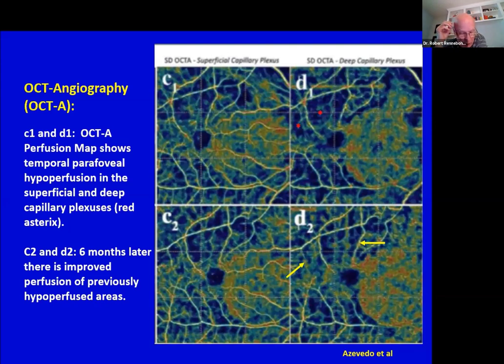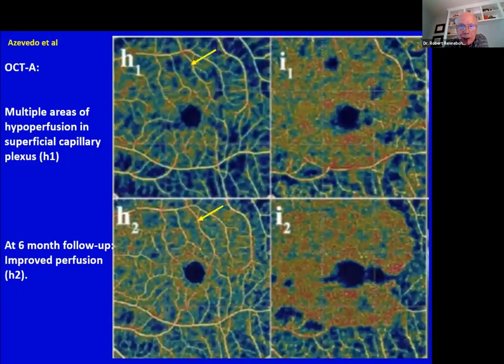But then 6 months later, there's improved perfusion of previously hypoperfused areas. Note the yellow arrows. Here's a little bit better example of multiple areas of hypoperfusion on the top left, and then 6 months later, better perfusion in this location.